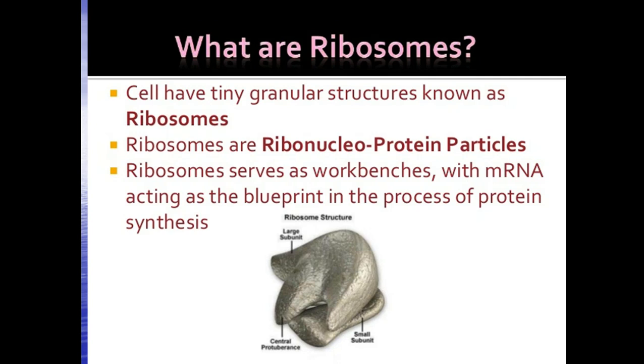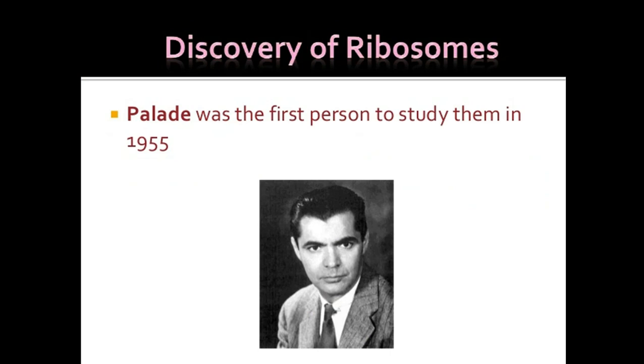Actually, the blueprint for protein synthesis is brought by messenger RNA. Ribosomes are the site, or workbenches, on which the proteins are synthesized. The ribosomes were first discovered by Palade in 1955.